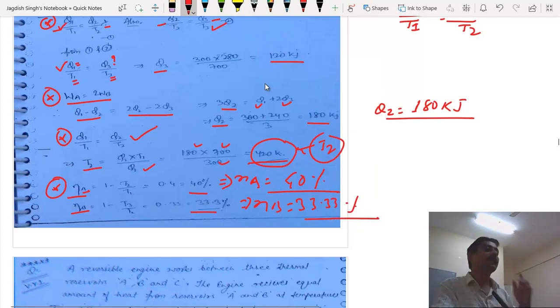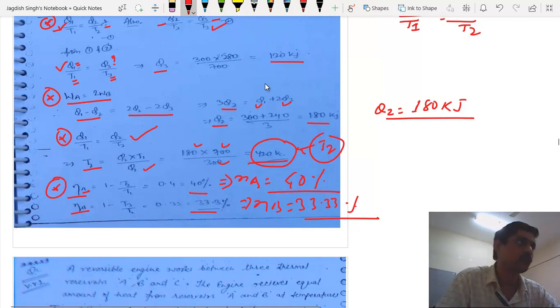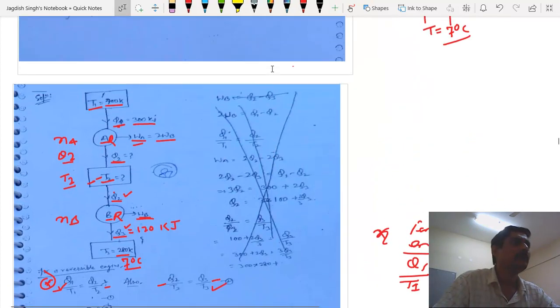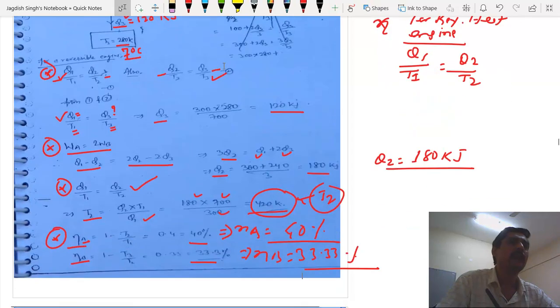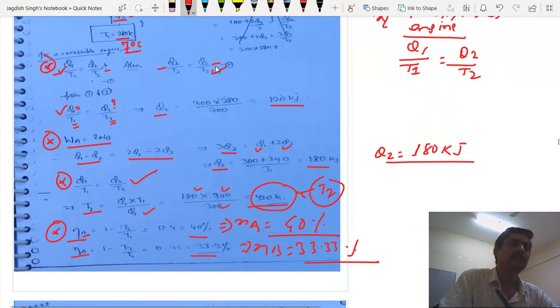So with the help of all of this given data and concept, we can find out the different values required in this question. In this problem, a few concepts are required which are very important.